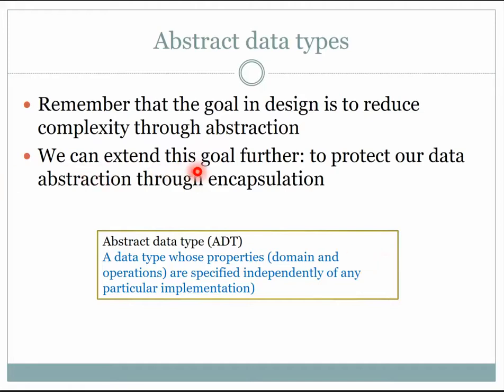So we can extend this goal further to protect our data abstraction through encapsulation. So ada cara dia macam mana kita nak protect our data abstraction. Kita gunakan encapsulation. Kita ulang semula, apakah abstract data type? A data type whose properties, domain and operation are specified independently of any particular implementation.